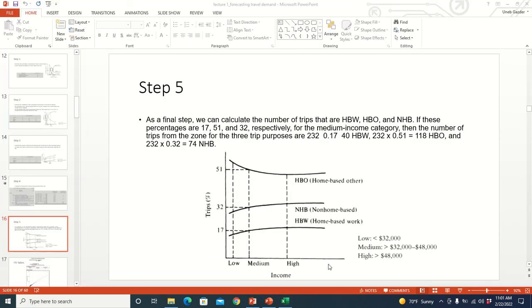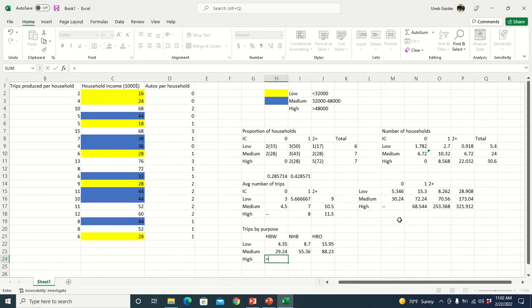home based other. And then if you come to high income, these are the numbers. Again, you can deduce them. It looks like 20 and 35 and the remaining, whatever is remaining. So 20 plus 35, this one should then be 45. So I will use these numbers. The total is 322 rounded off.